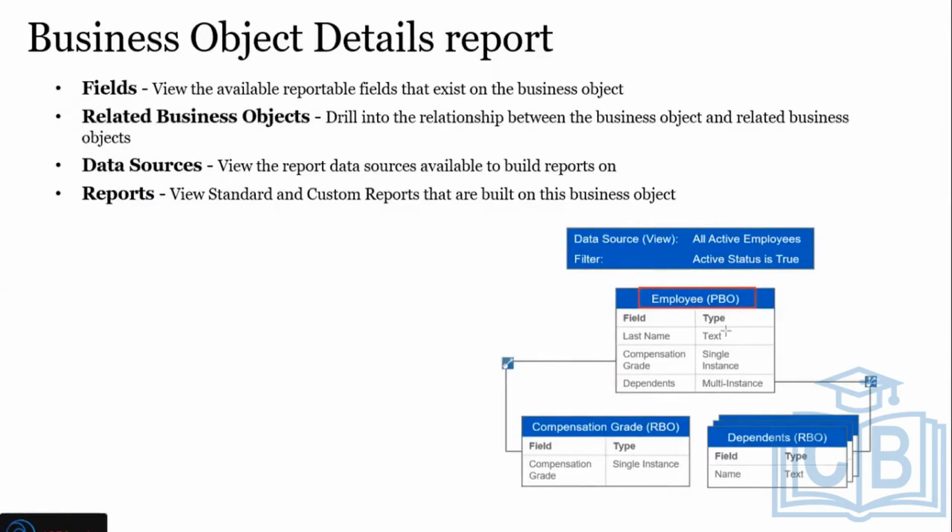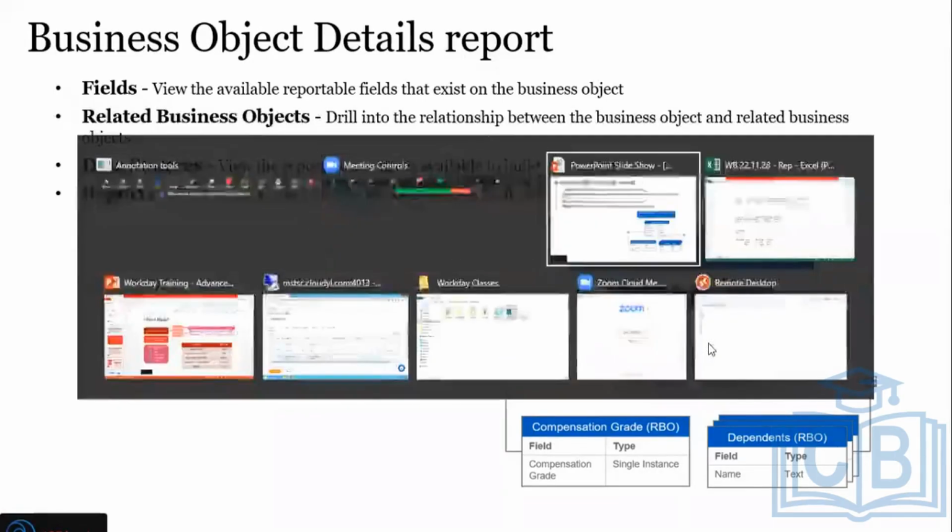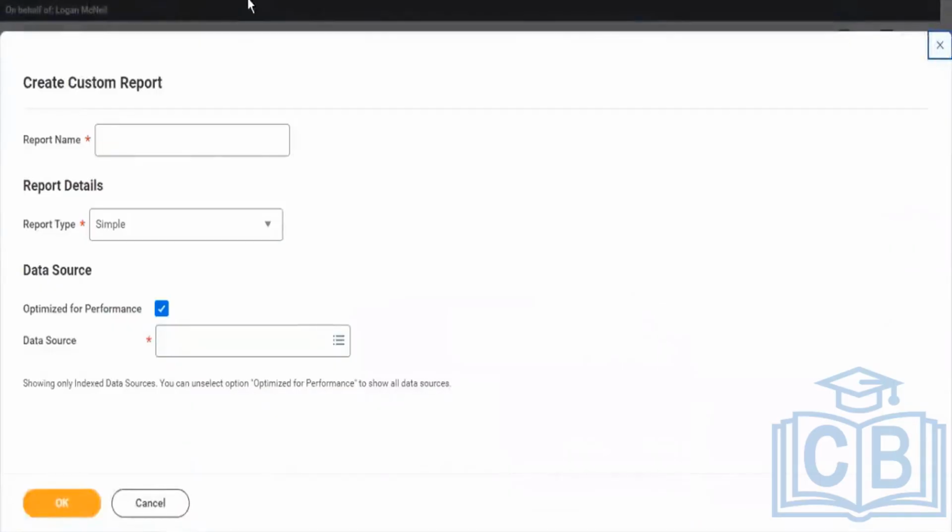That is our primary business object in the context of the report we are creating. Let's say I create another report where I select my primary business object as position. Then that becomes my PBO. Any business object whose data source is used becomes our primary business object.